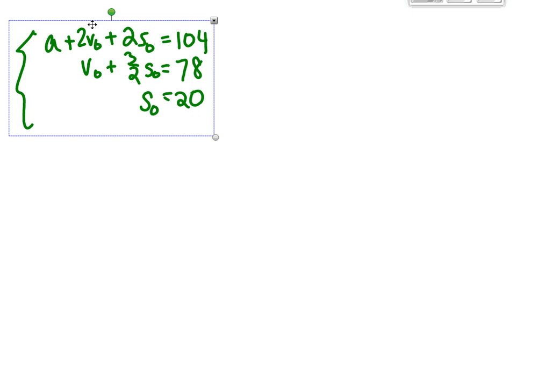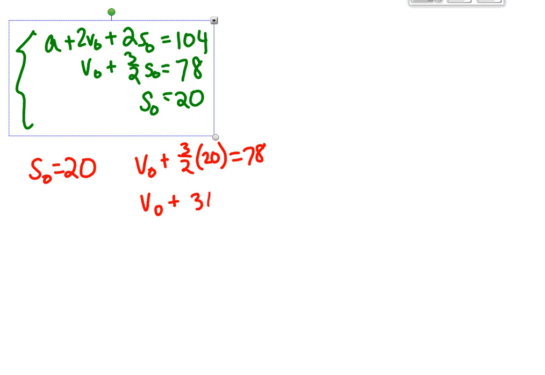So my next thing is to figure out what all my variables are. Well, obviously S sub 0 is 20, and then V sub 0 plus 3 halves of 20 is equal to 78. And so when I do that, I get V sub 0 plus 30 equals 78. Subtract 30, V sub 0 is 48.